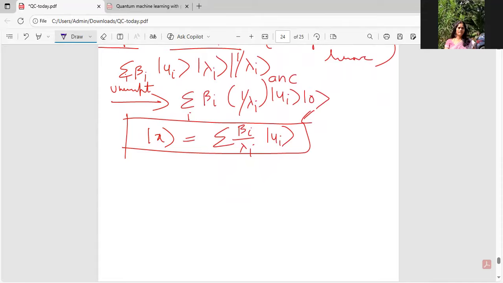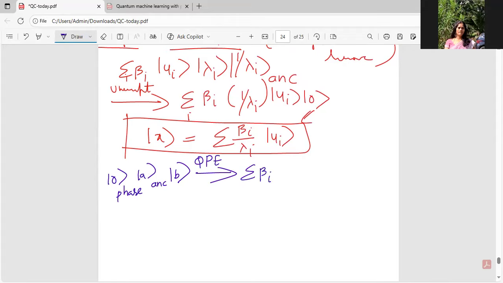Yeah, just see here. These are the things that I have. Of course, A can be capital A also, guys. Now, what I'm doing is quantum phase estimation. What will happen? Just see.